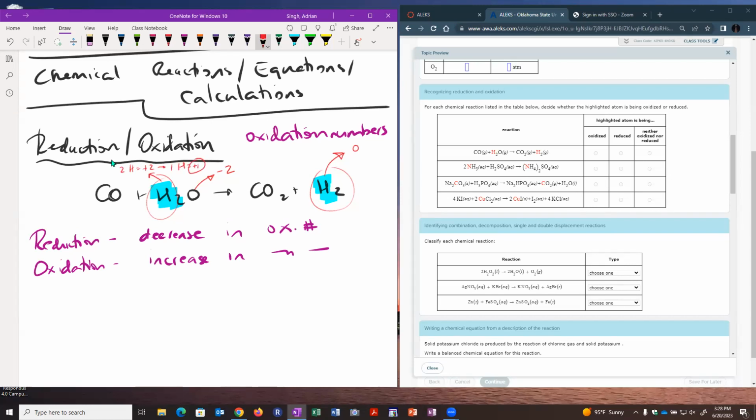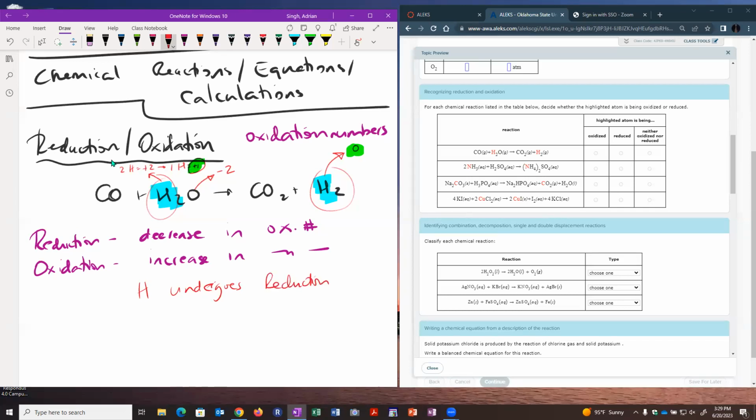So in this reaction, hydrogen goes from an oxidation number of +1 to an oxidation number of 0. So H undergoes reduction because that is a decrease in the oxidation number.